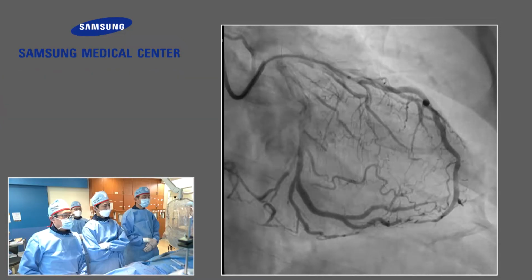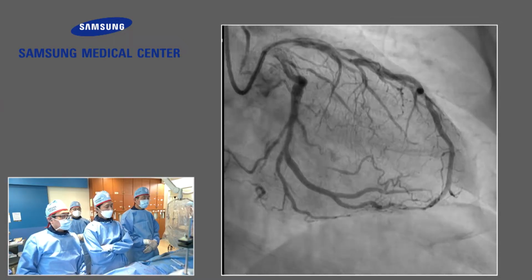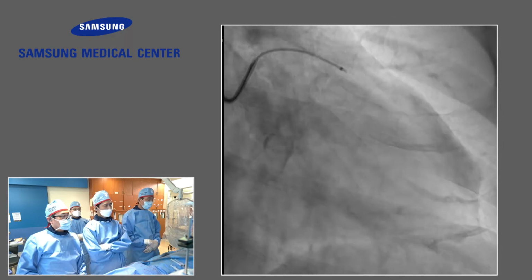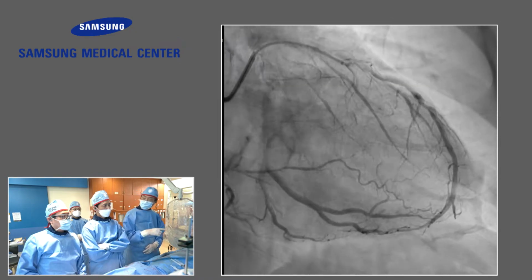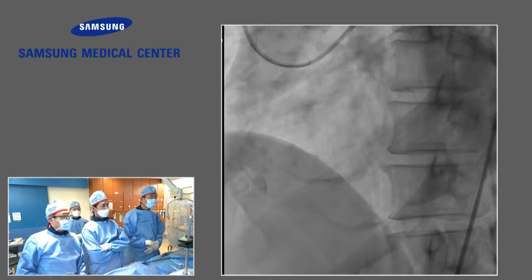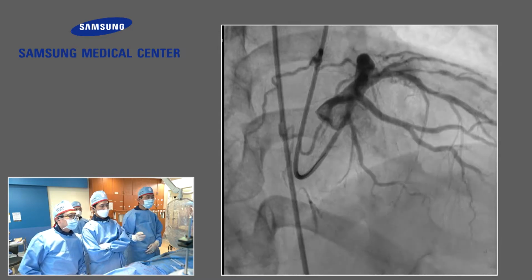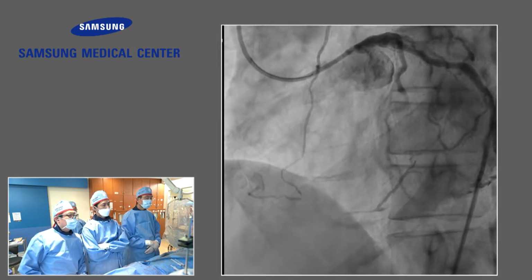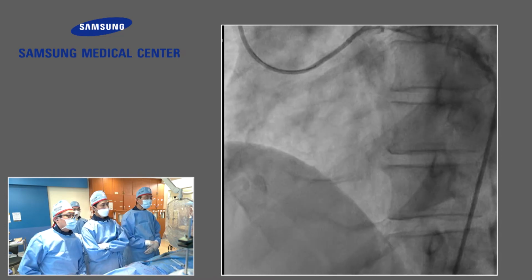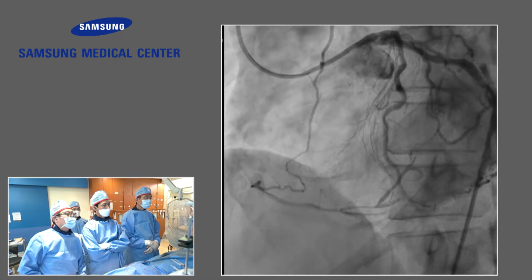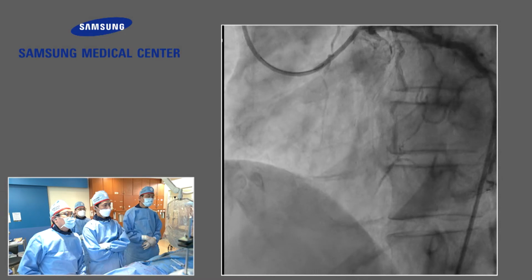Can we see the previous angio? Can you see the origin of the ipsilateral collaterals from the circumflex to the PL branch?